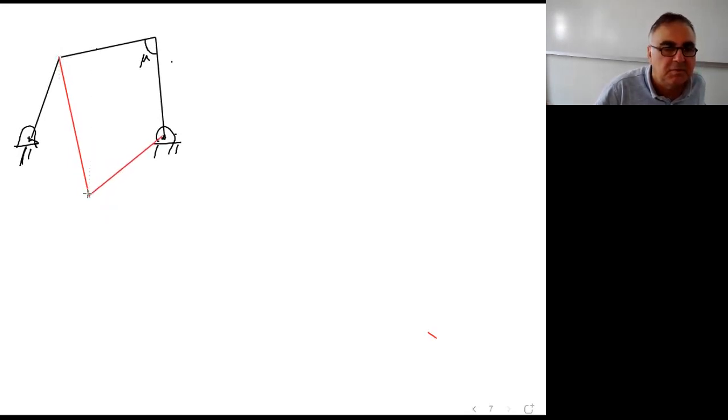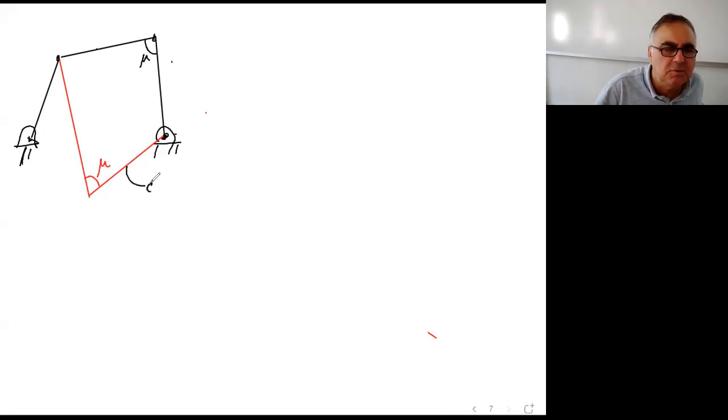Suppose that this angle is equal here, so this mechanism for a given transmission angle mu, it has two possible positions.